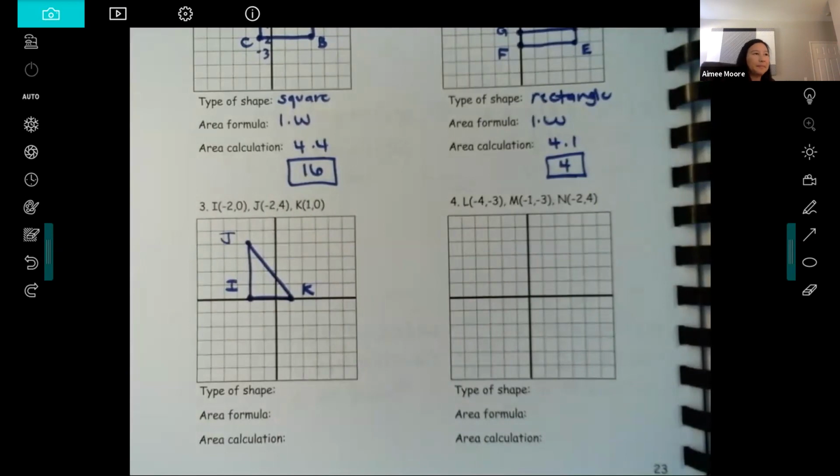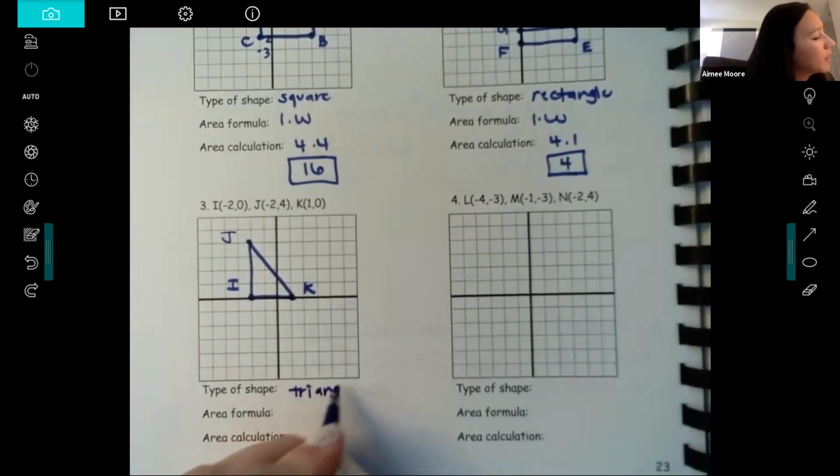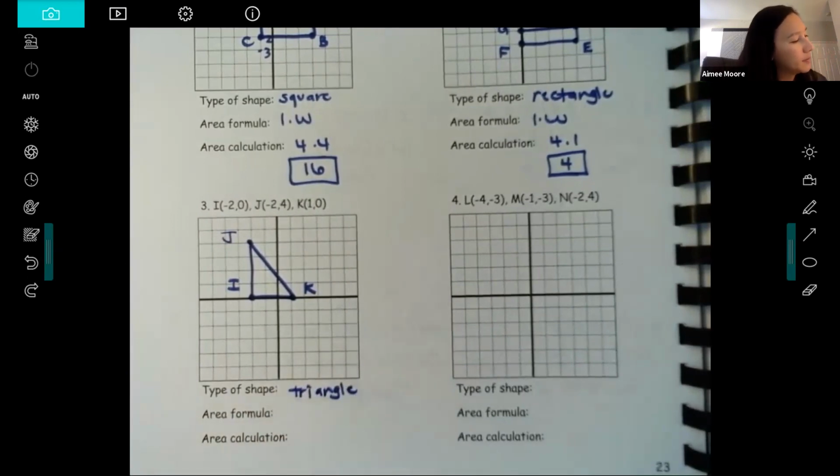So what shape is that? A triangle. Good. And what's the formula to calculate the area of a triangle?